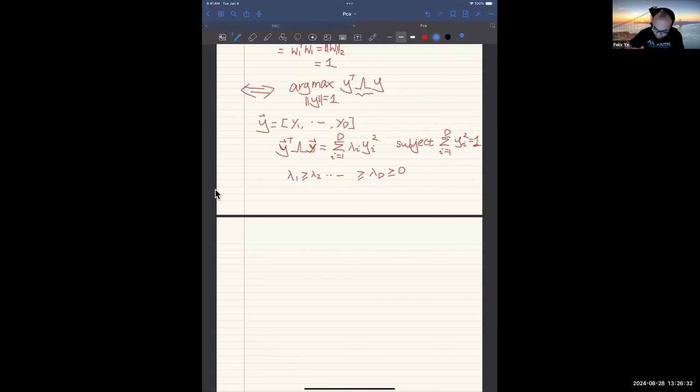It's quite clear the maximum is reached if we set y1 equal to 1 and yi equal to 0 for all i bigger than 1. Then the objective function will reach its maximum value.